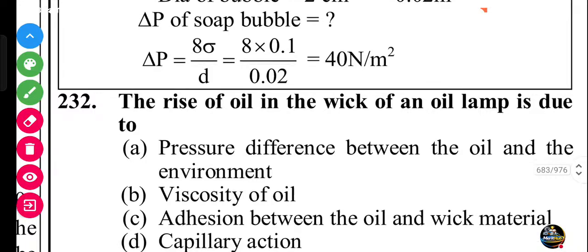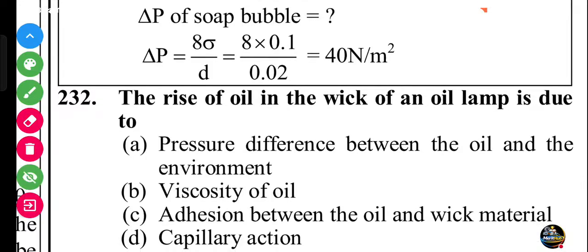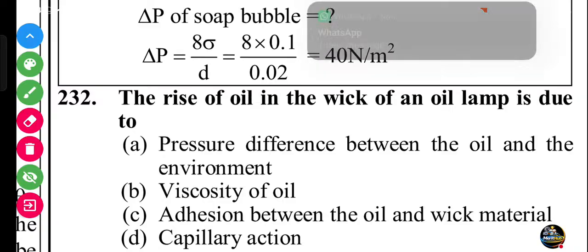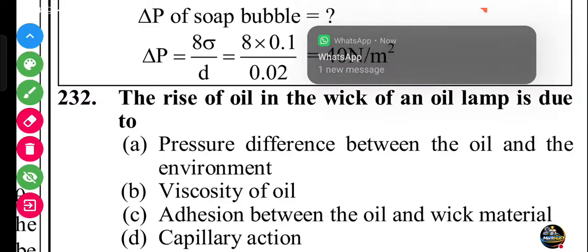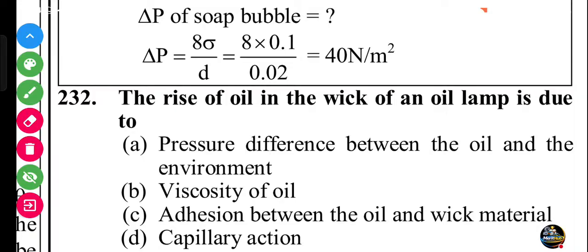Next question, friends. The rise of oil in a wick of an oil lamp is due to: A, pressure difference between the oil and the environment, B, viscosity of oil, C, adhesion between the oil and the wick material, D, capillary action.